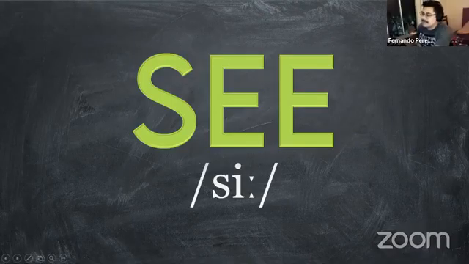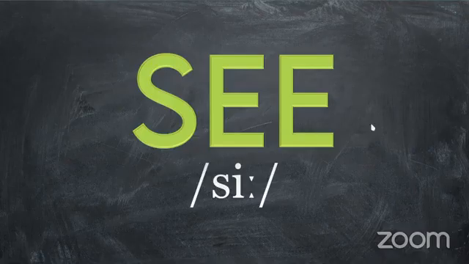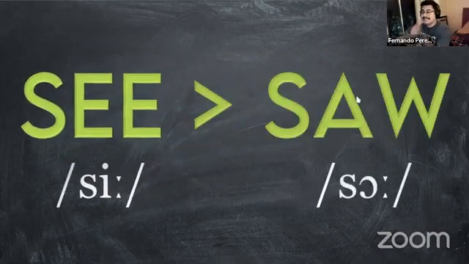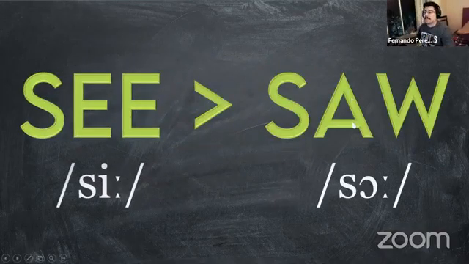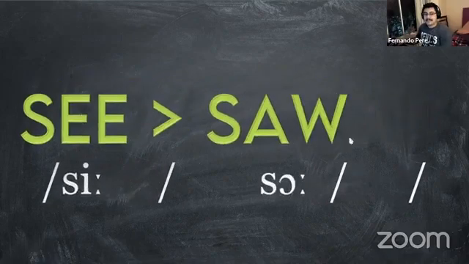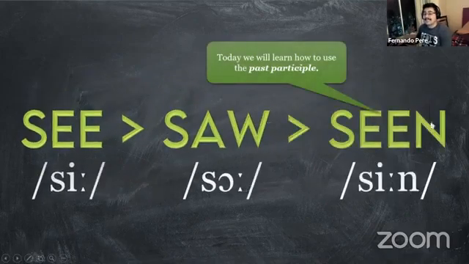And what is the past participle for the verb saw? Seen. Correct. So we have see and saw is the past, and then you have see, saw, and seen.